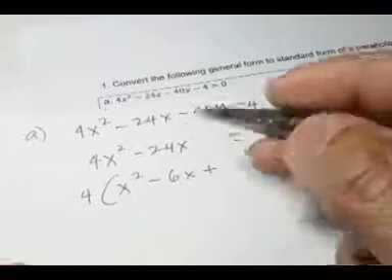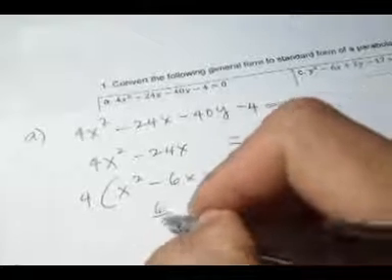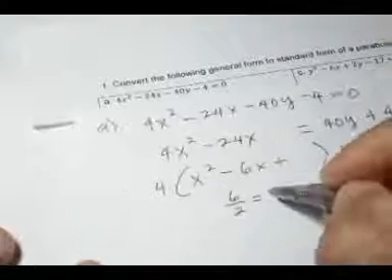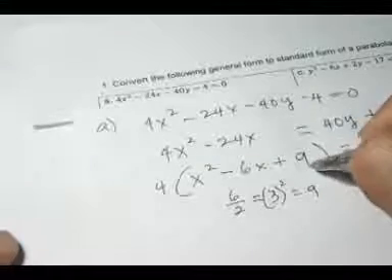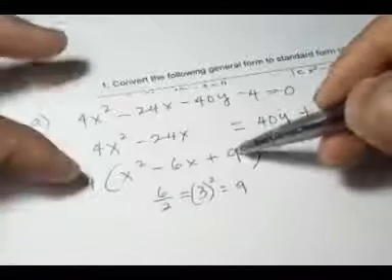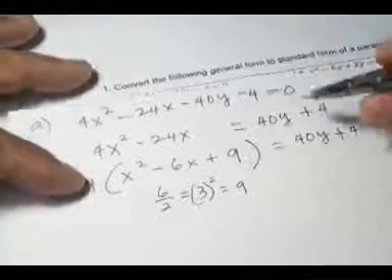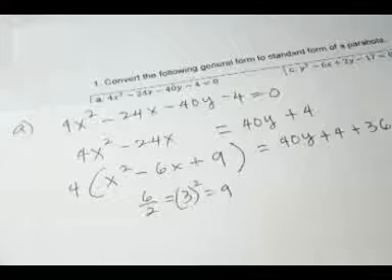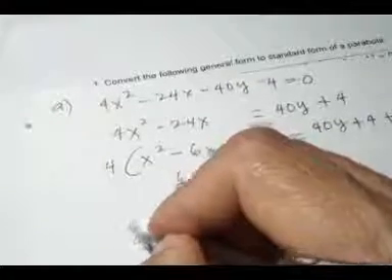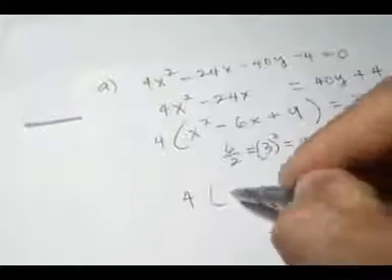To make it a complete square, divide 6 by 2, 3, then square equals 9, so plus 9. Multiply 9 by 4, 36, so add 36 on the right side. So this becomes a perfect square.